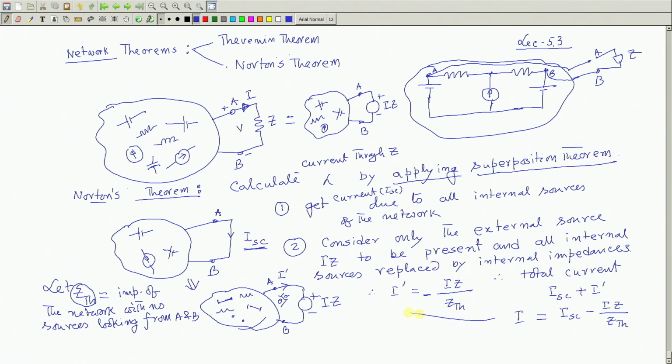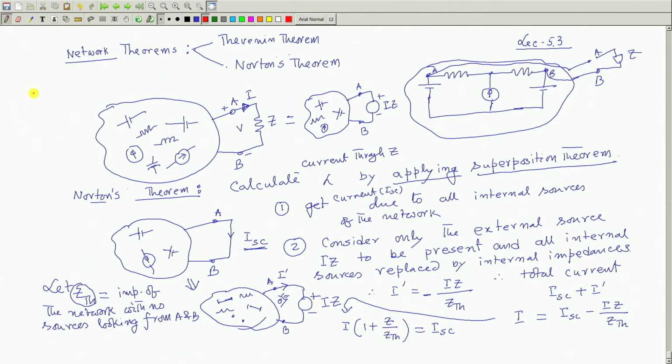Therefore, from this I can say that I into 1 plus Z by Z Thevenin's, bring this to this side, is equal to I SC.